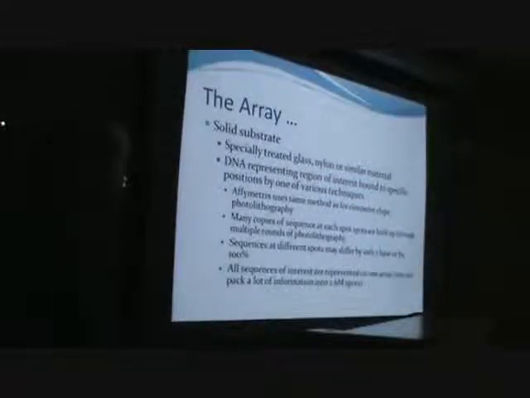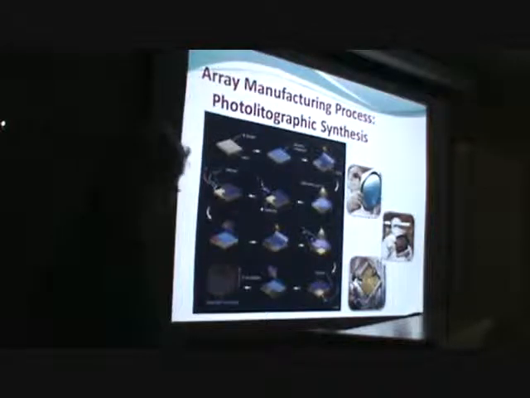It depends on what you want to put there, and on the stringency of the question that you're asking. For the Cytoscan HD chip, which we use, all the sequences of interest are represented on one array, usually at multiple spots, so that there is redundancy built into the system. And you can pack a lot of information into 2.6 million slots.